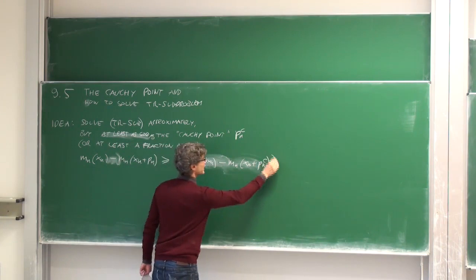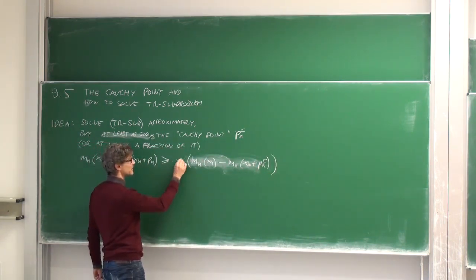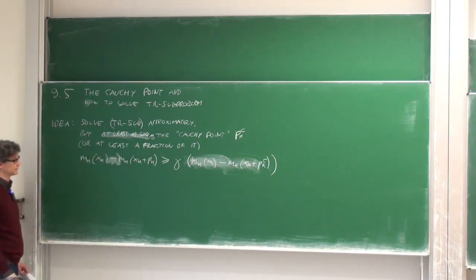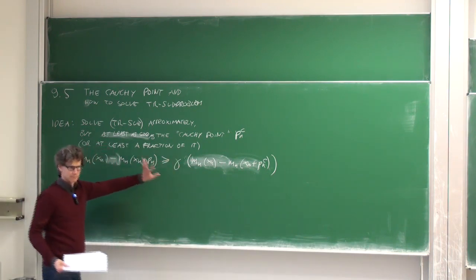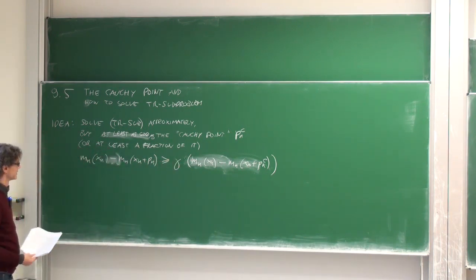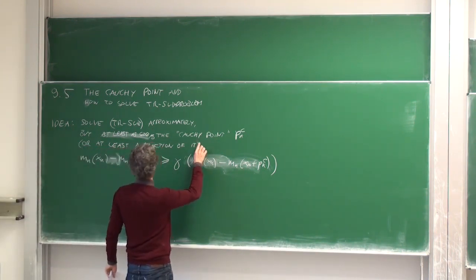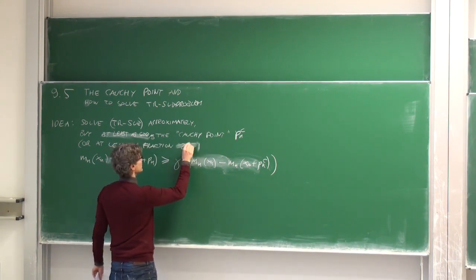And then there might again be some fraction, which I call gamma because it's related to the sufficient decrease in the Armijo condition. It has some similarity, but it's just arbitrary what to call it. A fraction gamma of it.